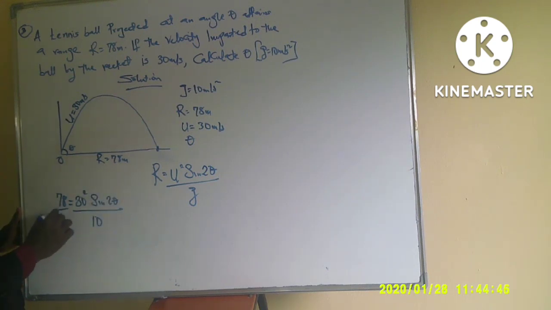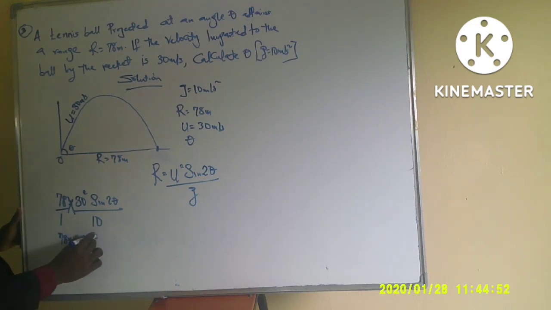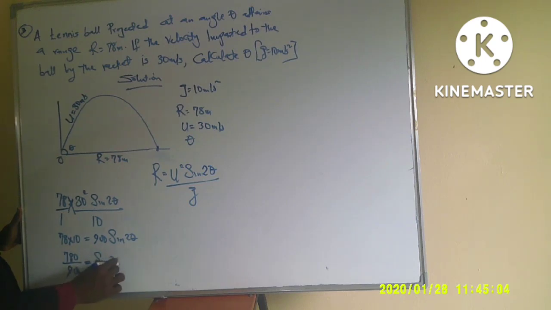So let's cross multiply. It becomes 78 times 10 is equal to 900 sine 2 theta, because 30 squared is 900. So dividing by 900, we have 780 divided by 900 is equal to sine 2 theta.